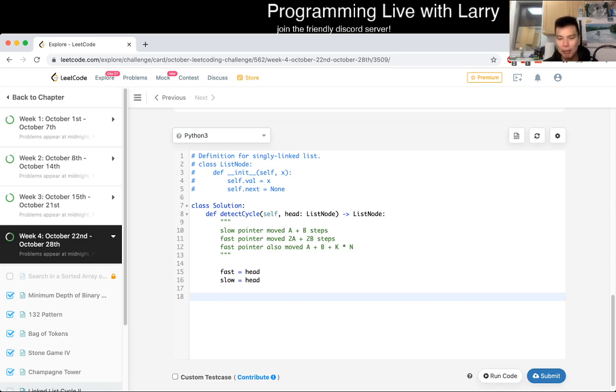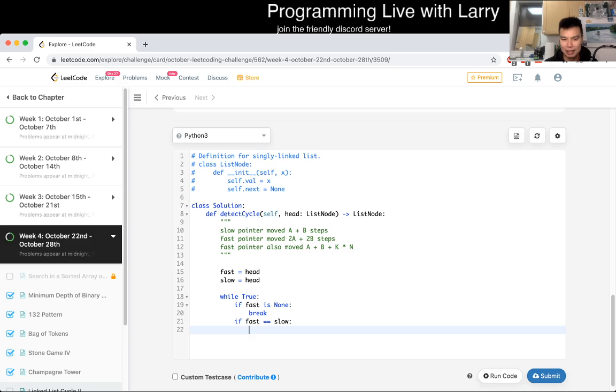What I like to do is break it down into two pieces: the cycle detecting first, and then the other thing. Let's just do while true. If fast is none, we break. If fast is equal to slow, we break.